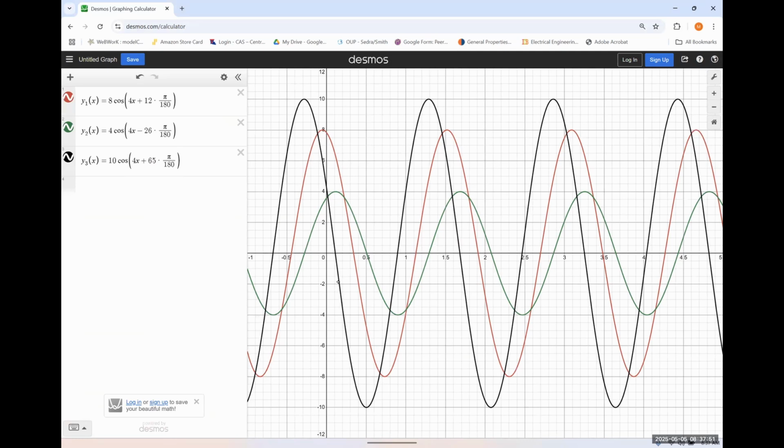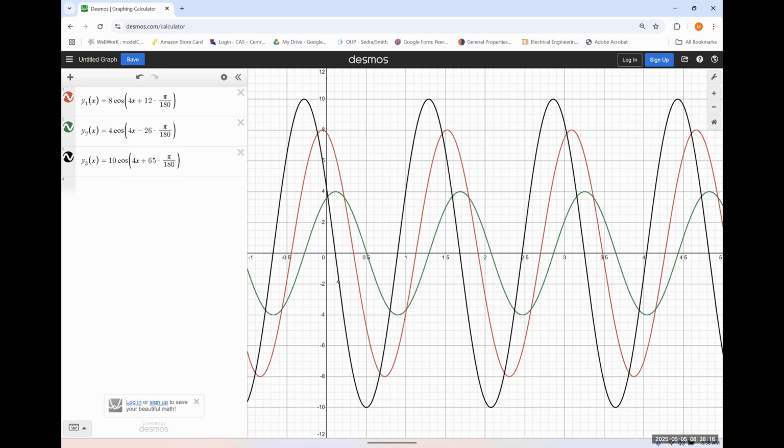So if we look back at that Desmos graph, and we're looking at these groups of 3 signals here, I would say that my black signal is leading my red signal, and it is also leading my green signal, because the black signal hits its peak at an earlier point in time than the other 2 signals do, right?